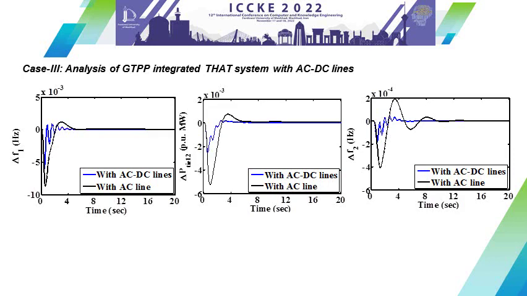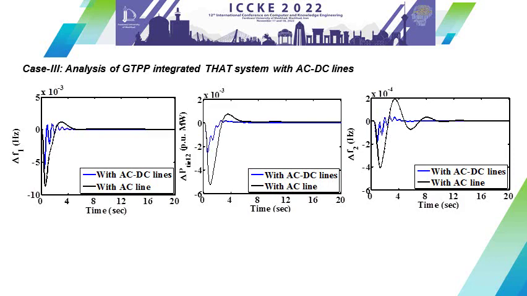Normally the major advantage of implementing an interconnected power system is to facilitate the power exchange between excess and deficit control regions, in order to keep every control region in an interconnected power system in a stable position. If you see the dynamical responses for a step load perturbation with only the AC line and with AC and DC lines, these are the dynamical responses.